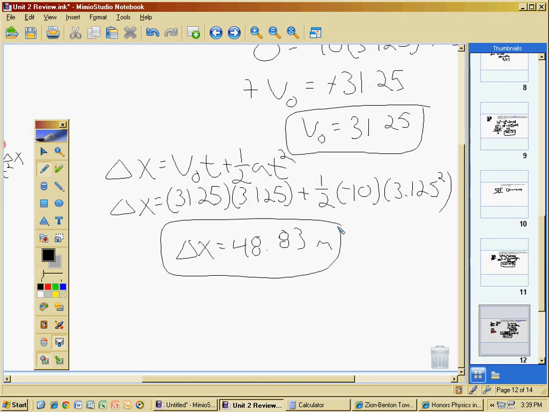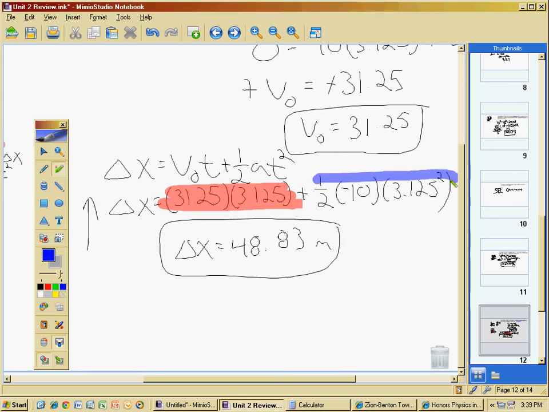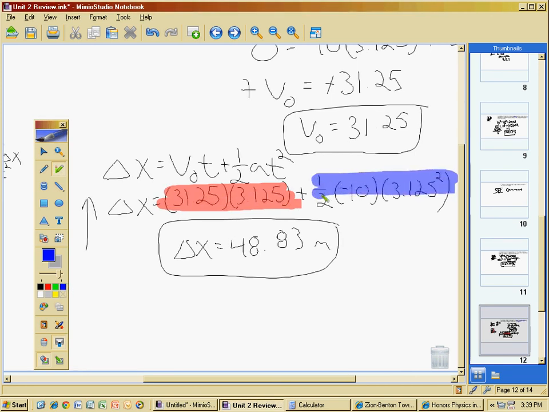Now, a couple things to be careful of. First of all, double check. Does it make sense that your position is positive? It should, because we're going up into the air, and up is a positive direction. However, something to be careful of. If you screw up your signs, notice this side and this side are added.